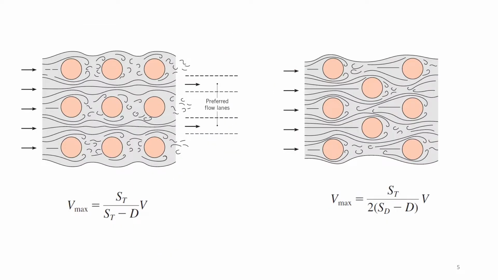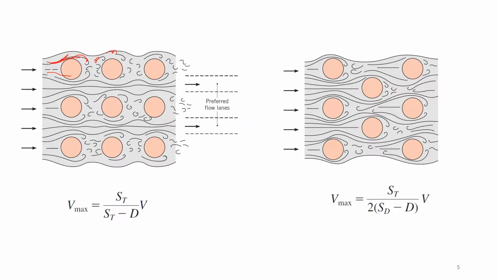We also mentioned the flow behavior will be slightly different. When you have an aligned situation, the fluid around the first cylinder, just like we analyzed the flow around the cylinder, has laminar flow and then wake formation. After you have the wake formation, it is going to persist across the next sets of cylinders.